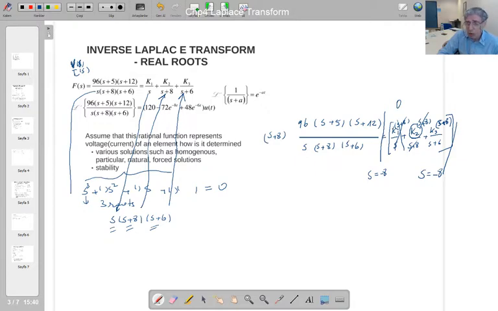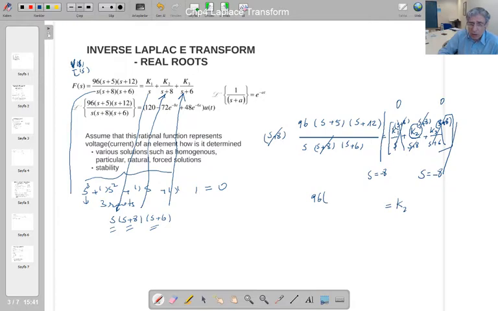For the third one, if we replace s with minus 8, that is going to be 0. Minus 8 plus 8 gives you 0, so this term disappears. So the right hand side is k2. Left hand side, this disappears, this disappears. When you put s equal to minus 8, it's going to be 96.